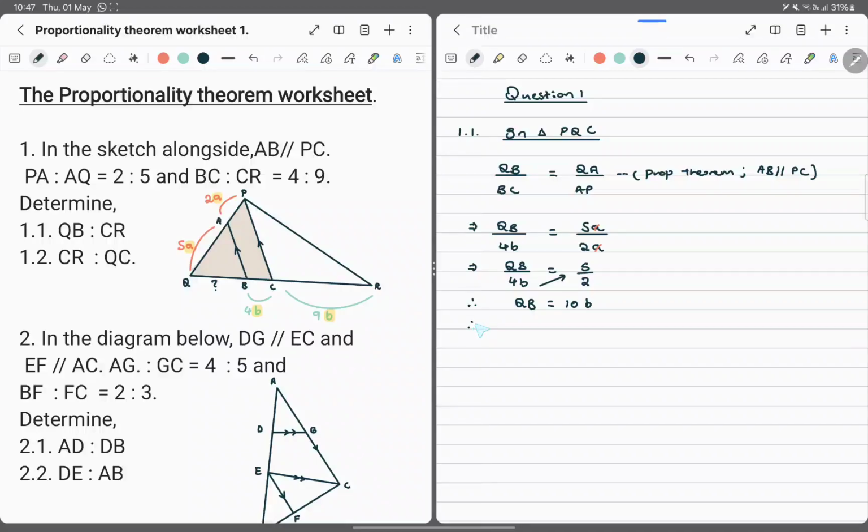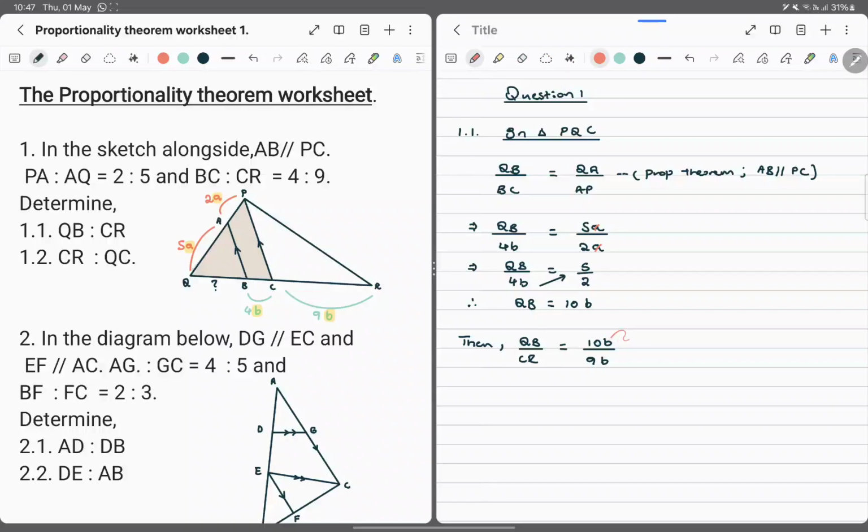So what do we say? Remember, we needed to find QB as a means to an end. Then we will say QB over CR is equal to, now we write QB is 10B over CR, which is 9B.